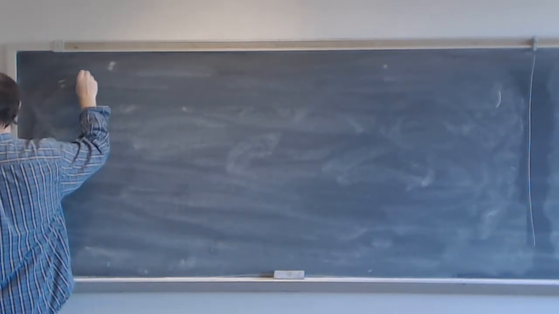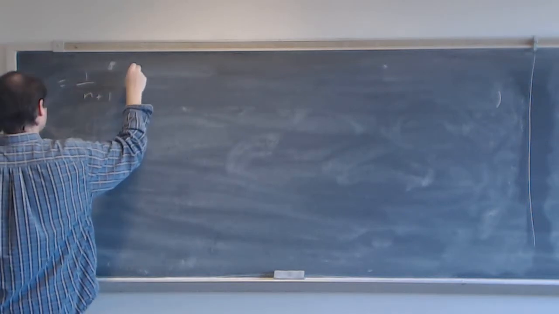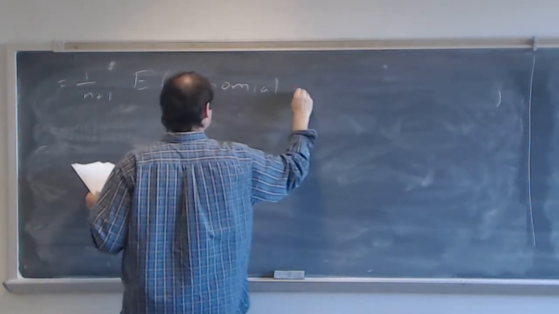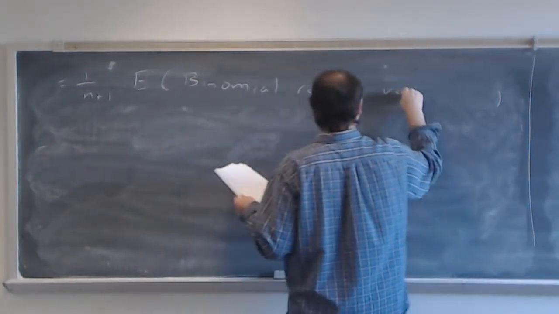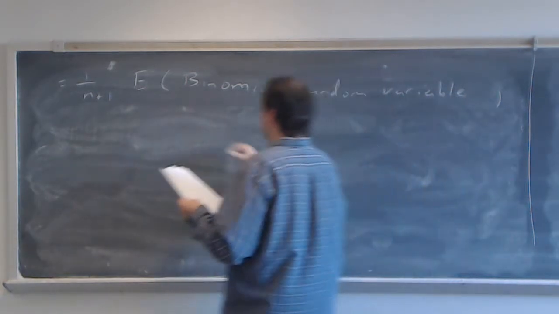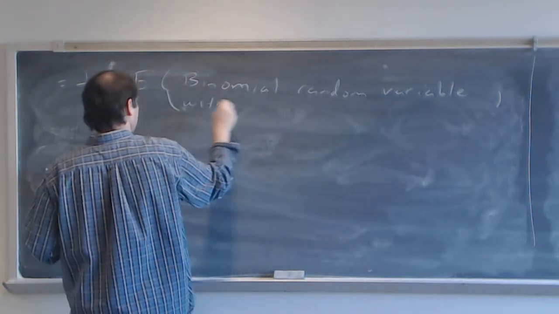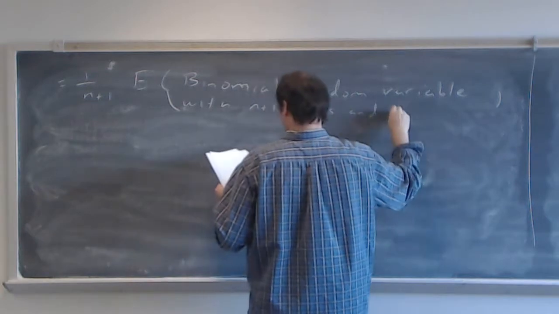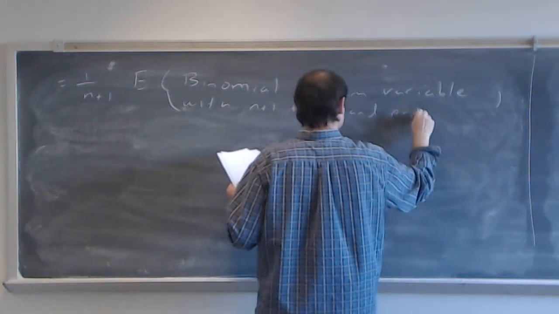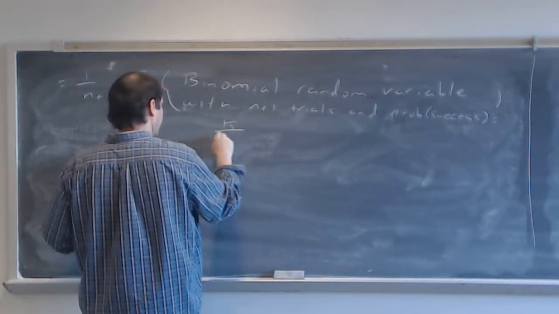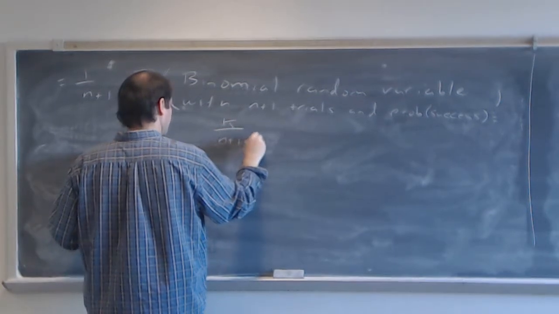So that's equal to 1 over n plus 1, the expected value of a binomial random variable with n plus 1 trials and probability of success equaling k over n plus 1 plus k.